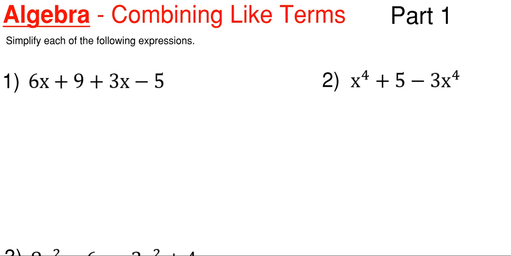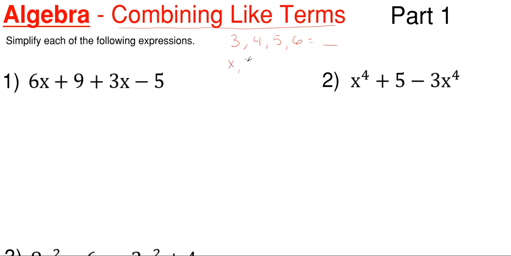Whenever you are simplifying an expression and combining like terms, all that means is you are putting together terms that are alike. For instance, if we just have numbers with no variable attached to them, such as 3, 4, 5, and 6, we would combine those all together into a single number. Basically, we would add them all up to get 18.